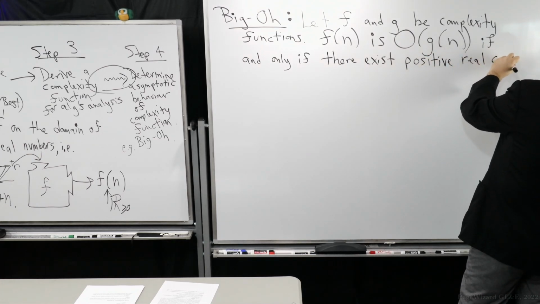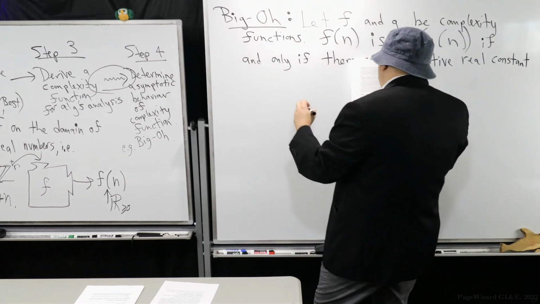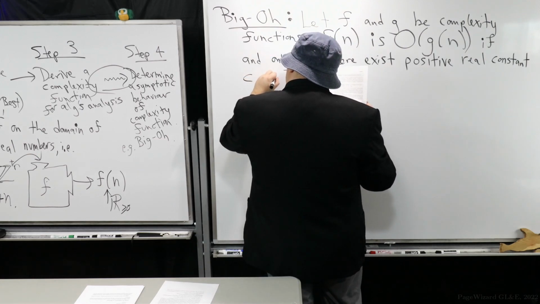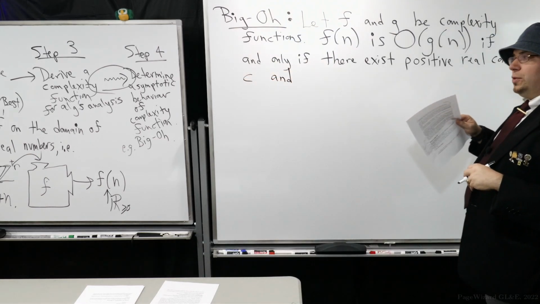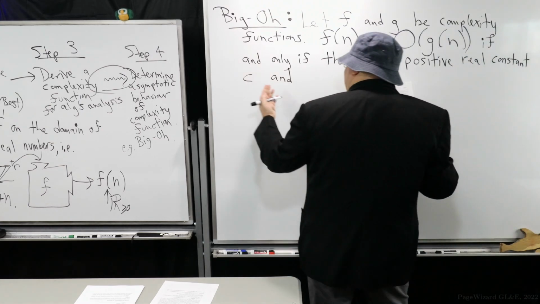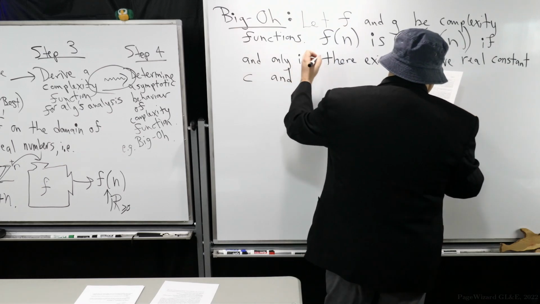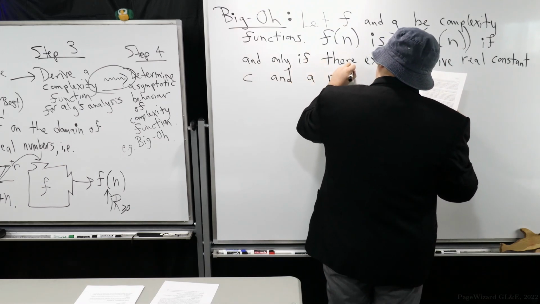So this is a positive real number. So positive real constant C. So we're going to call it C here, but I must stress you can call it whatever you want. If you want to call it Bazooka Jim, if you want to call it Miss Kitty, you're welcome to do that. It's just that I'm calling it C in this definition for the sake of convenience. And a positive integer constant.